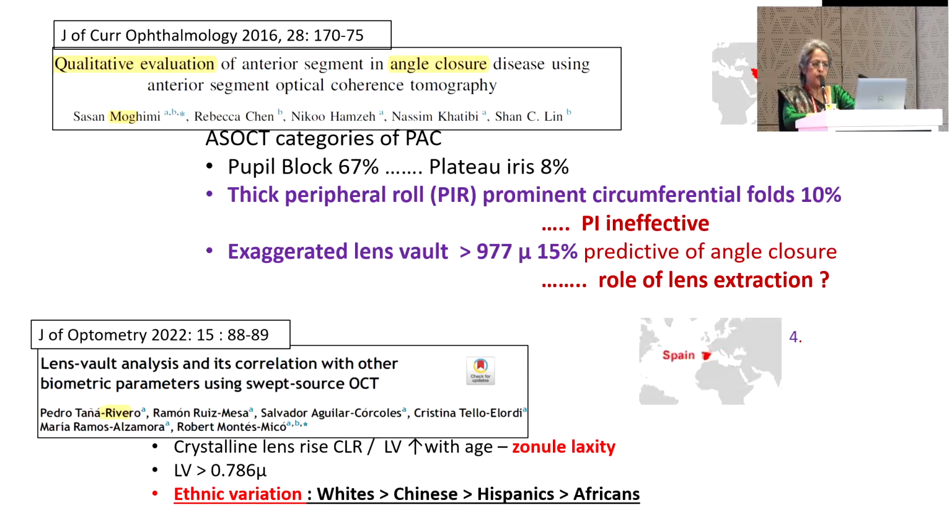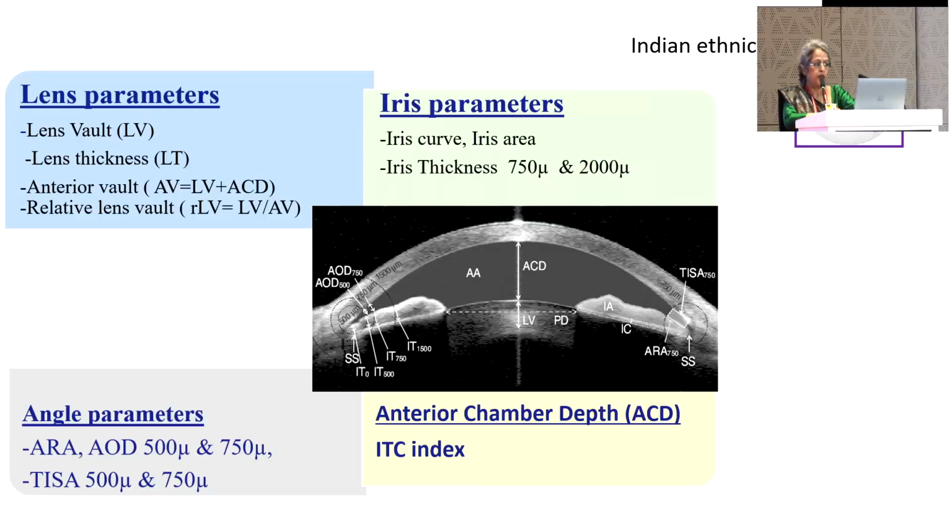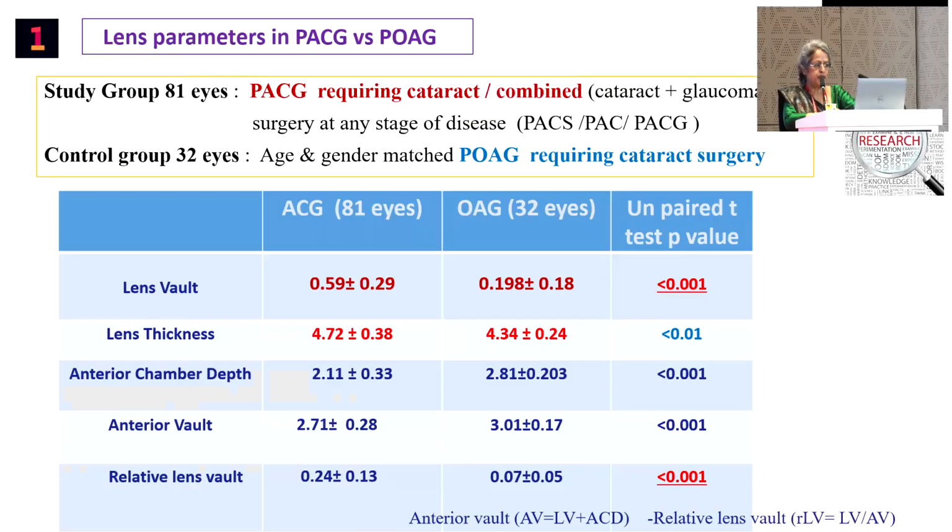So what have we understood from all these studies till now? That there's an ethnic variation, which was again clarified by the study from the Spain group. So coming from all these studies, we came to the Indian study. Let's talk about the lens parameters and iris parameters specifically.